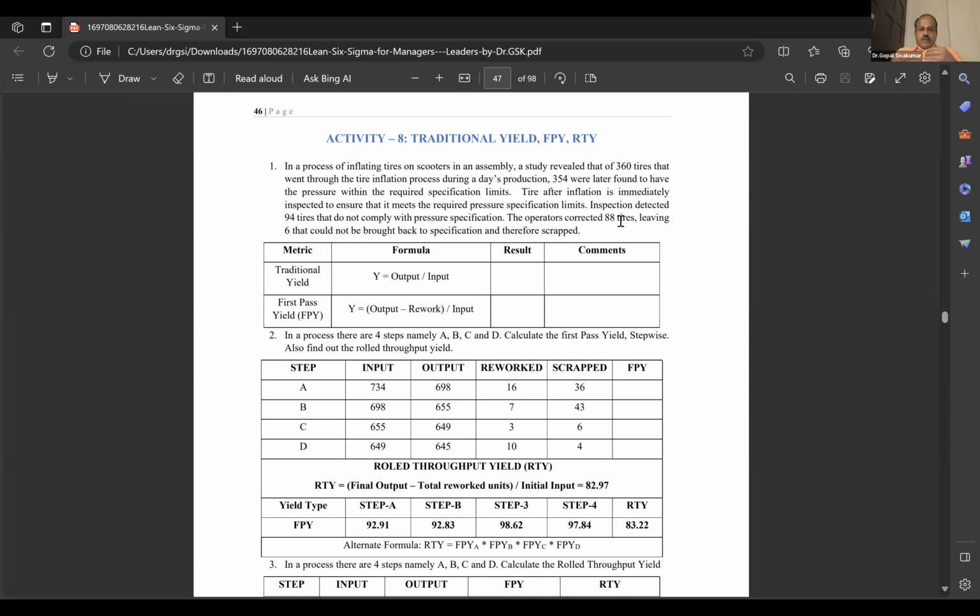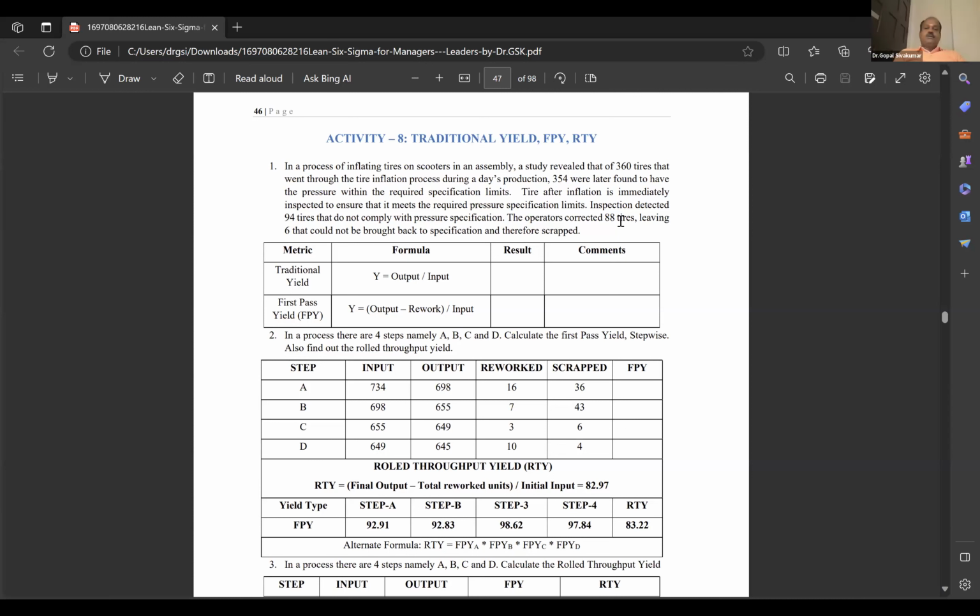Overall, how many units got rejected? 6 got rejected. See, out of 94, 88 you accepted. The last 6, you are not able to do anything, so they got rejected. Now the numbers are clear? Yes.